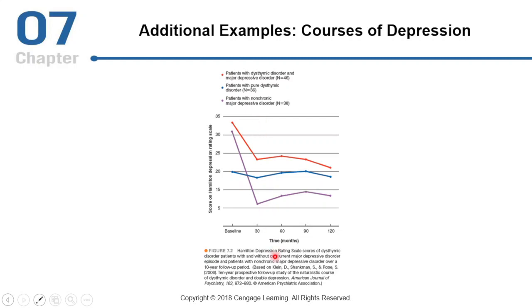So, kung makikita natin, in terms of the rating scale here, pinakamataas yung may mga dysthymic disorder and major depressive disorder, even in the time of months after they did the test. Sila pa rin may pinakamataas. Ang may pinakamababa is yung may non-chronic pattern ng major depressive disorder. Ang laki din ang binaba nila dito.